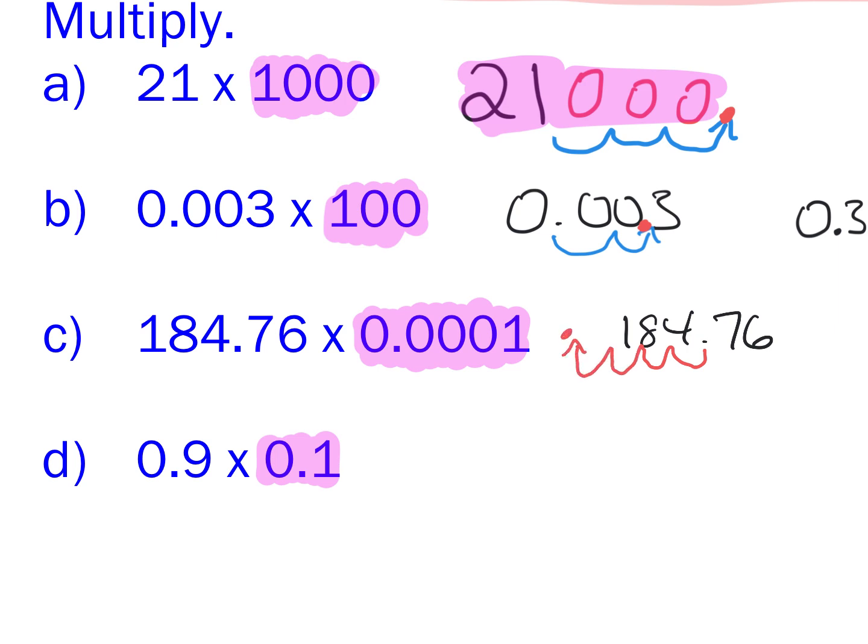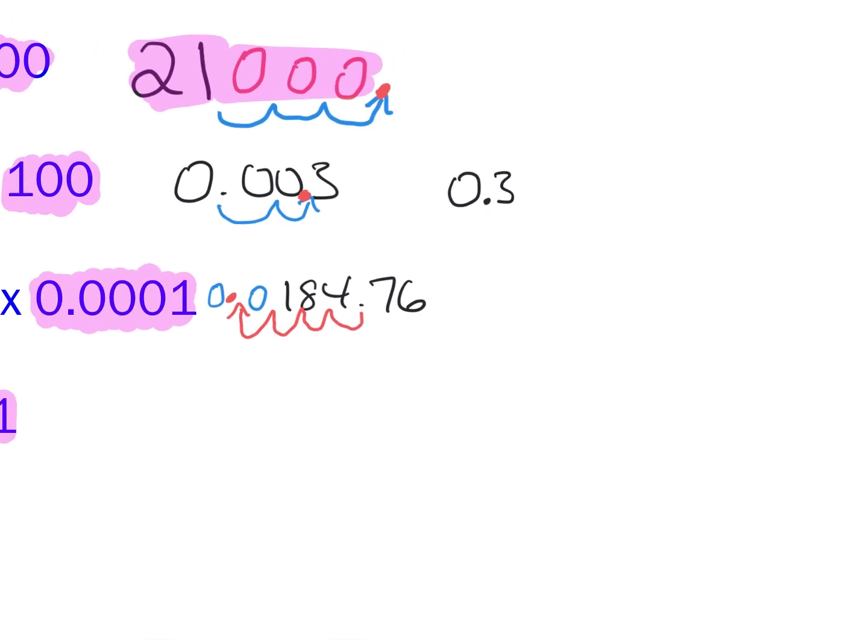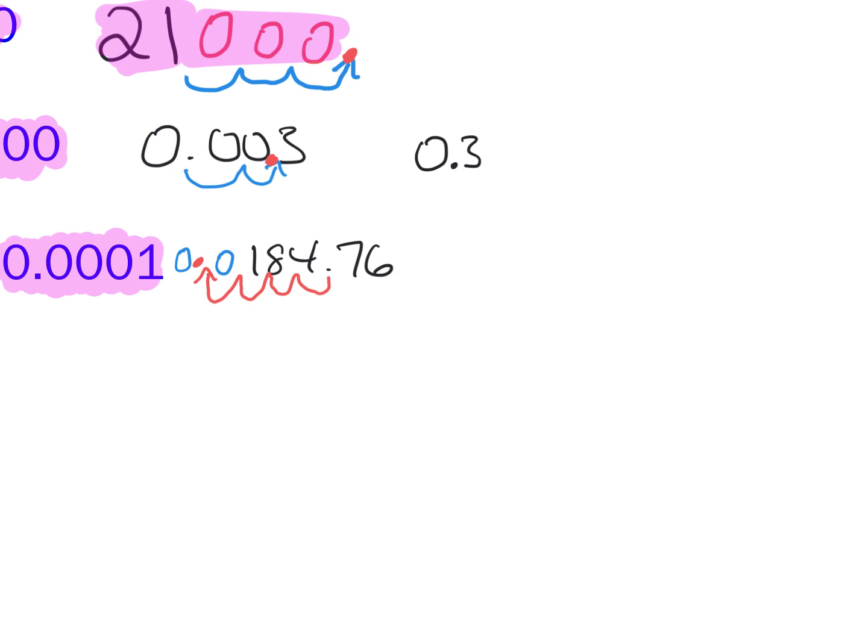Decimal goes here, and we'll put a placeholder 0 here because it's a whole space. And we do have to put 1 in front of the decimal. So if we rewrite that decimal out, it's going to be 0.0184776, and that's what that number becomes.